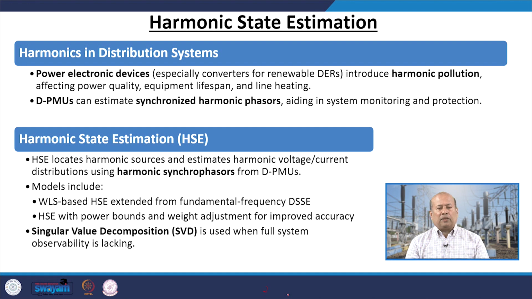Harmonic state estimation, which is HSE, locates harmonic sources and estimates harmonic voltage and current distribution using harmonic synchrophasors from D-PMUs. The model includes WLS-based HSE extended from fundamental-frequency DSSE, and HSE with power bound and weight adjustment for improved accuracy. Singular value decomposition, SVD, is used when full system observability is lacking.